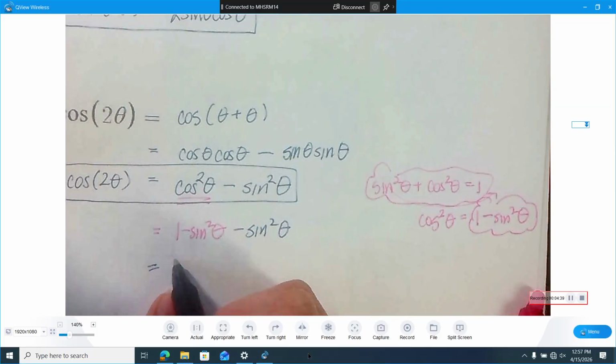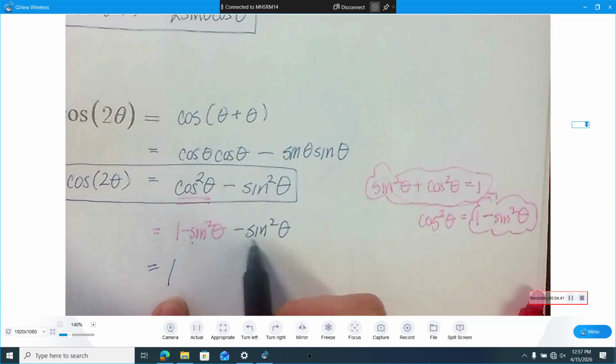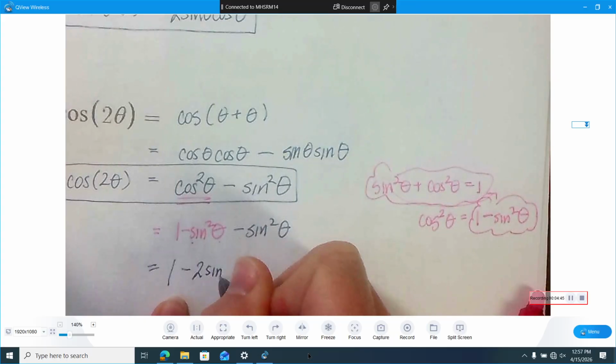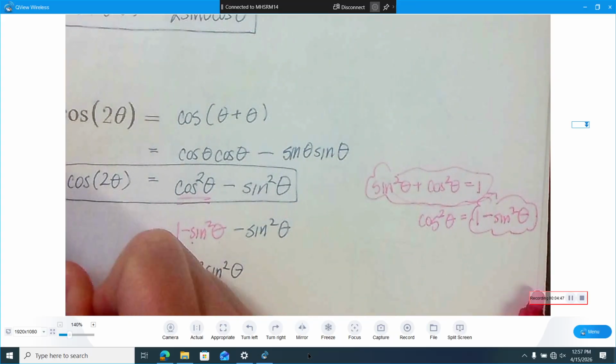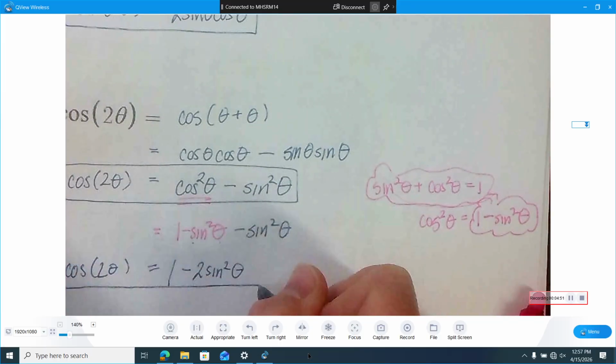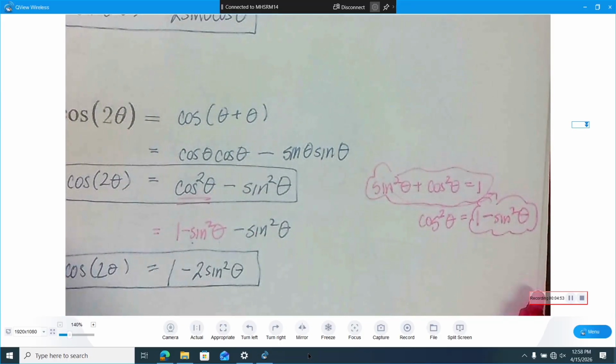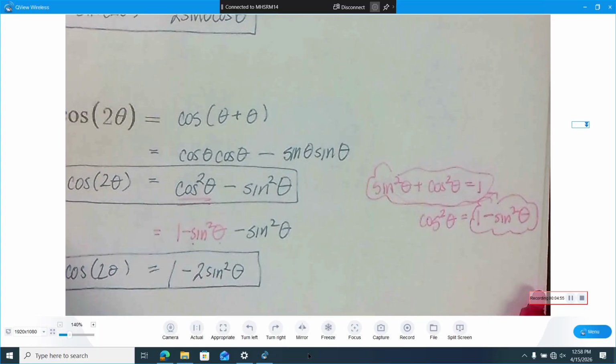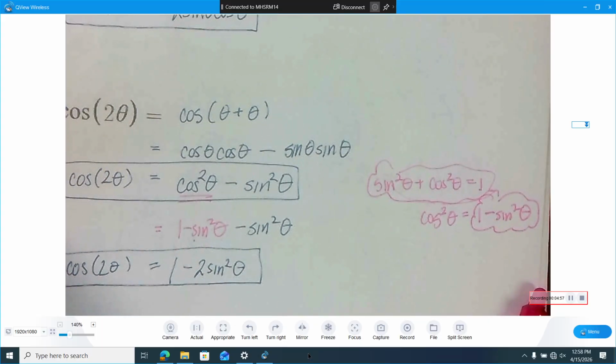And, well, there's a 1. And what's negative sine squared theta and a negative sine squared theta? Negative 2 sine squared theta. So this is yet another formula that we could choose for the cosine of the double angle. All right, so we have a couple of choices.